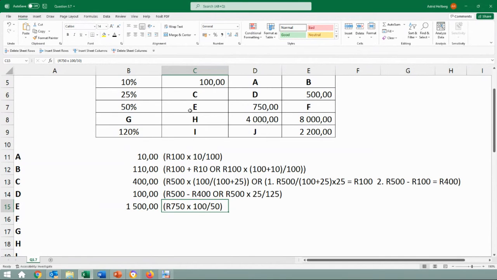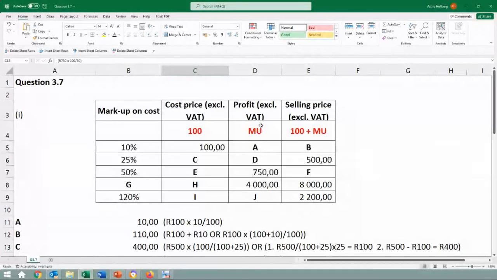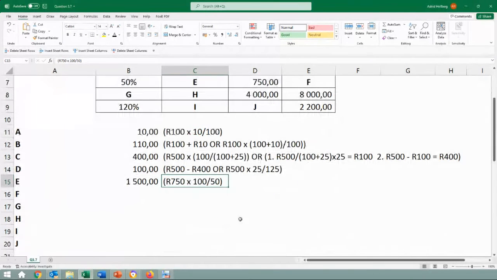So if we said it is 375, if I multiply 375 by 50%, I will not get to 750. Okay, so because this represents the 50 up here, and I want to get it back to 100%, I am going to divide it by 50 and then multiply by 100. And this is how I worked out the original cost.